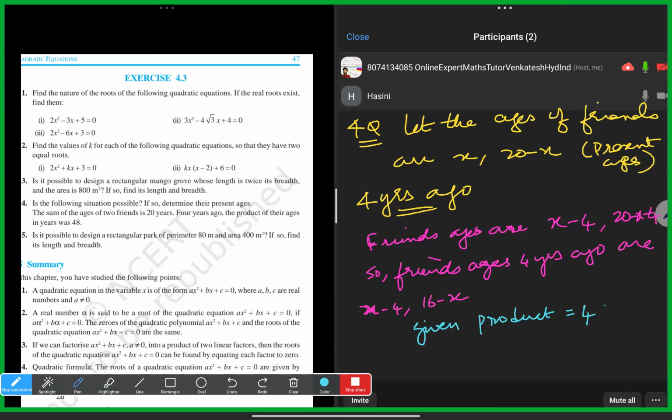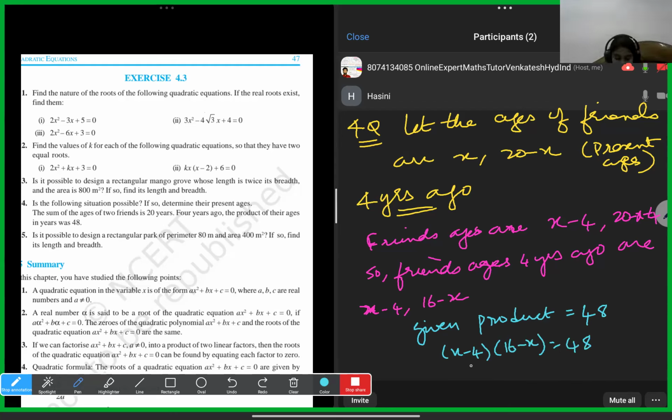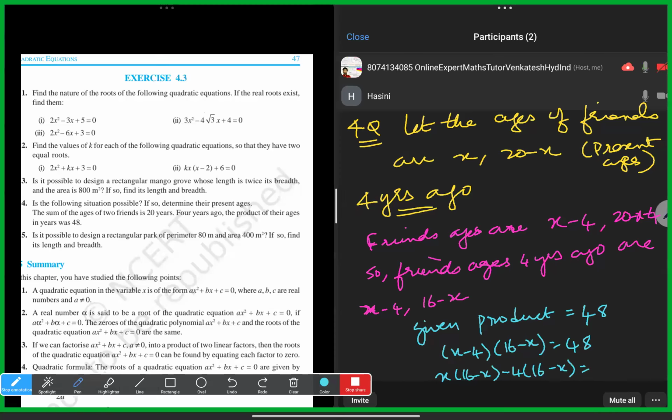So we have to multiply these two. Multiply it: x minus 4 into 16 minus x is equal to 48. That gives 16x minus x square minus 64 plus 4x is equal to 48.